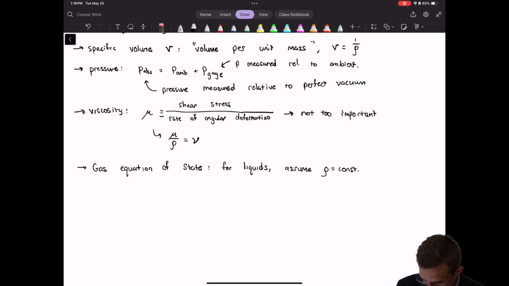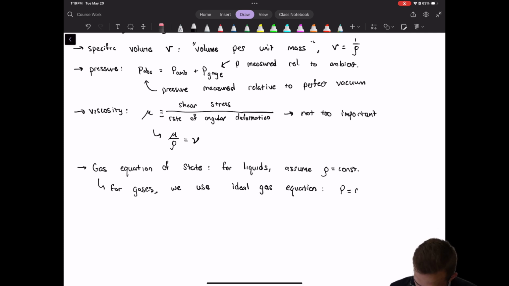Assume rho is some constant. But in our case, i.e. for gases, we will typically use the ideal gas equation of state, which, you know, everybody at this point should be familiar with. I'll write it in its mass-specific form here, where it's P equals rho RT.